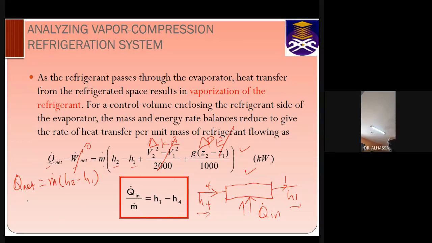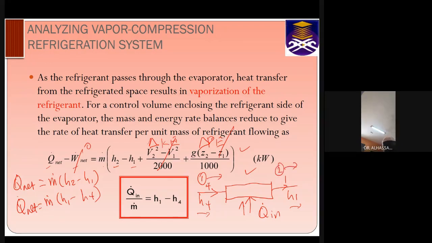So eventually we will have Q net equals the mass flow rate times H1 minus H4, where H1 is the final enthalpy. H4 is the initial fluid that is entering, and then the final fluid, state 1, is leaving.